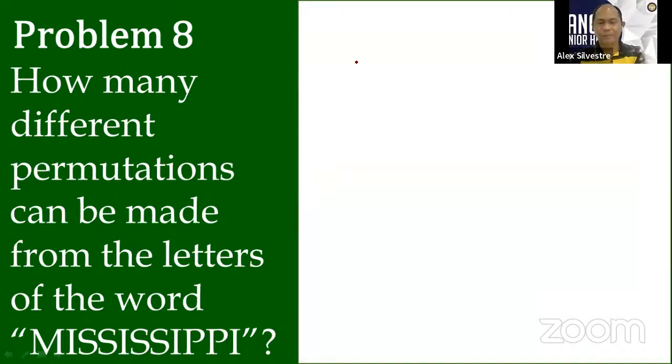So that will be our n, represented by 11. So 11 factorial will serve as your numerator. Ngayon, yung sa denominator natin na gagamitin nyo is, ano ba ang nagkakaparehas dyan? Pwede nyo indicate na n is equal to 11. Tapos yung r sub 1 nyo, for example, yung unang nagkaparehas dyan, ilan?